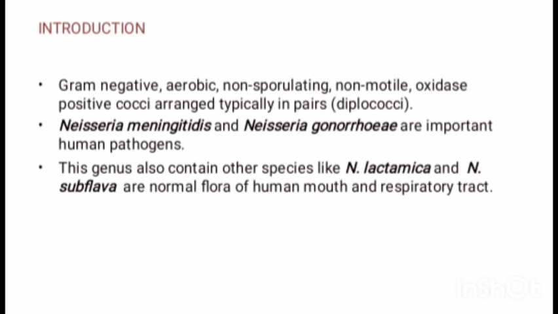Neisseria meningitidis is also known as meningococcus, and Neisseria gonorrhoeae also known as gonococci. And non-pathogenic species are Neisseria lactamica and Neisseria subflava, which are normal flora of the human mouth and respiratory tract.